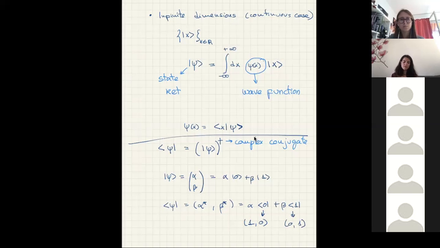Is this clear so far? So in this case, what this thing here is, and that's what's nice about Dirac notation. First of all, this is called a bra. When they go together, a bra and then a ket, it's called a bracket. And this is what represents the inner product.